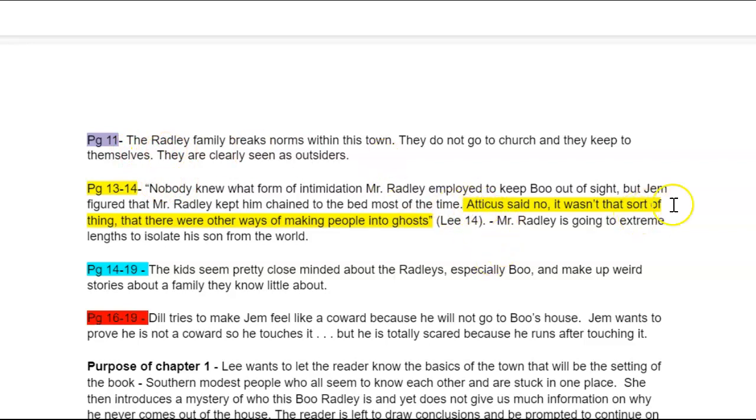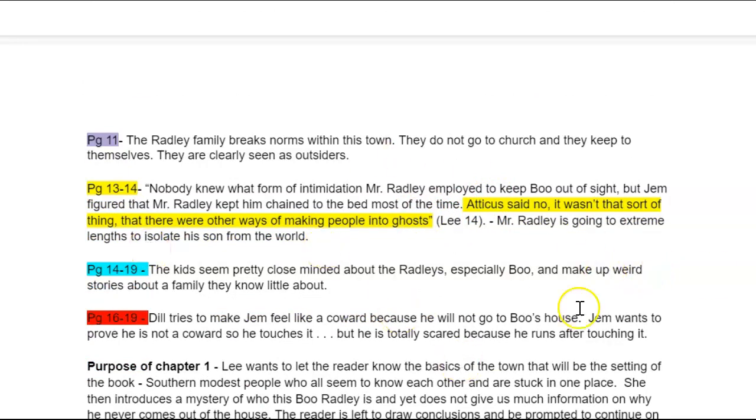And then here's the part that I focused on. "Atticus said no, it wasn't that sort of thing, that there were other ways of making people into ghosts." So the comment I made then is Mr. Radley is going to extreme lengths to isolate his son from the world. And this seems like a very, very prominent example of isolation. So I wanted to put the direct quote in there.